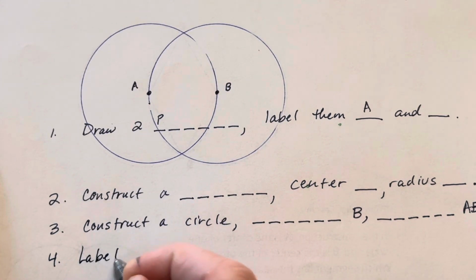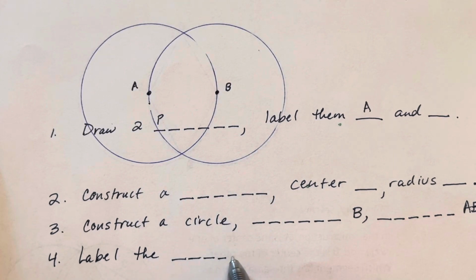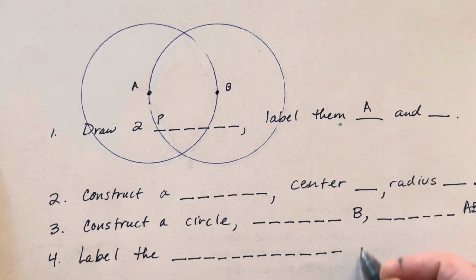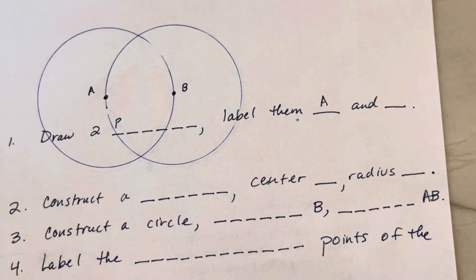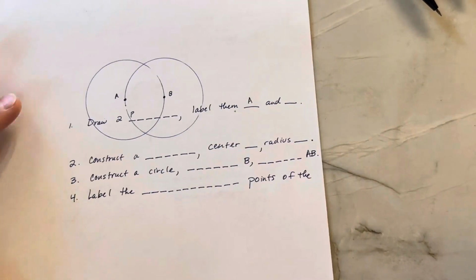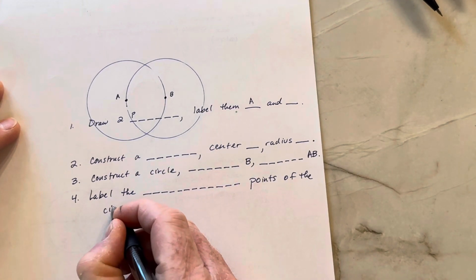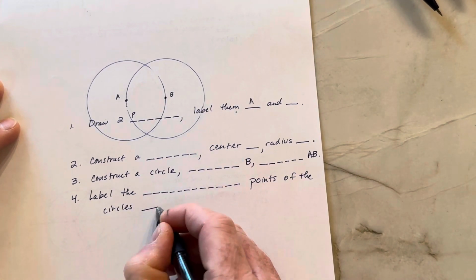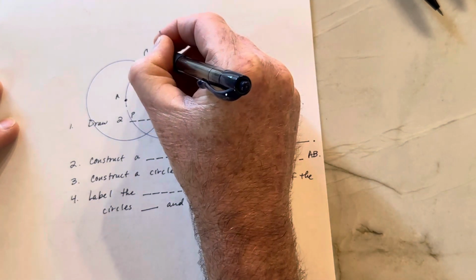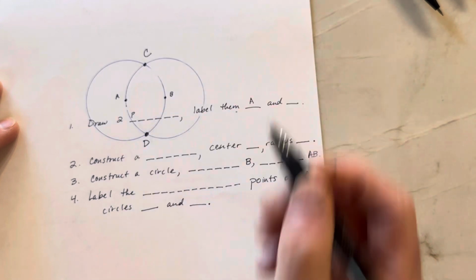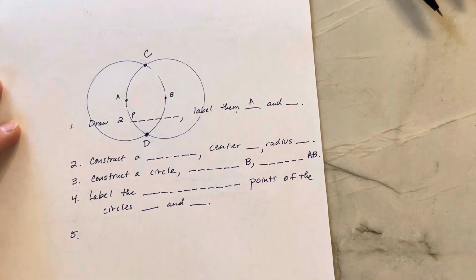Label the long word, the blank points of the circles, blank and blank. One more step.